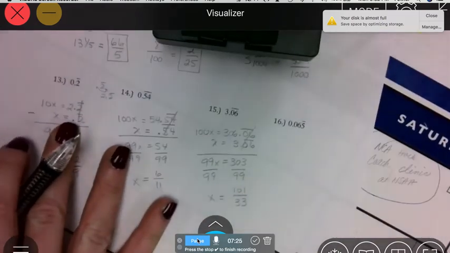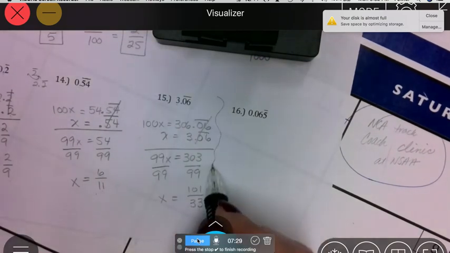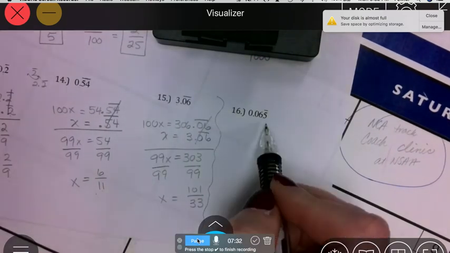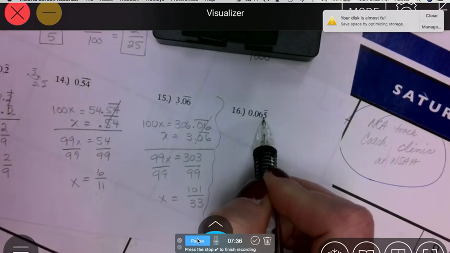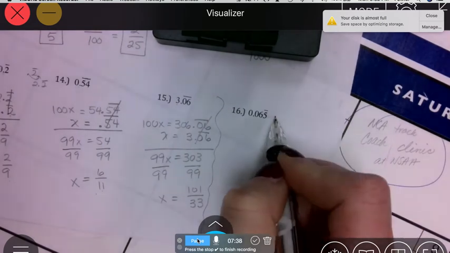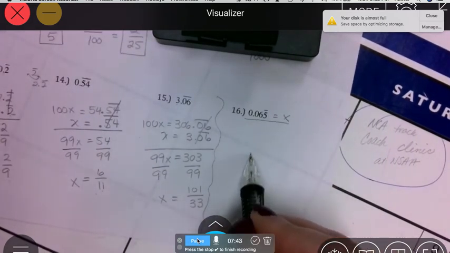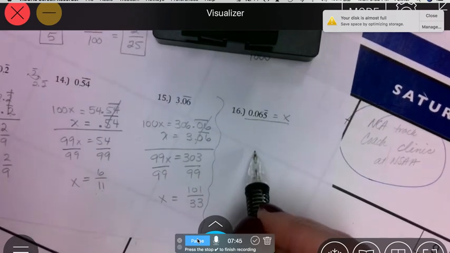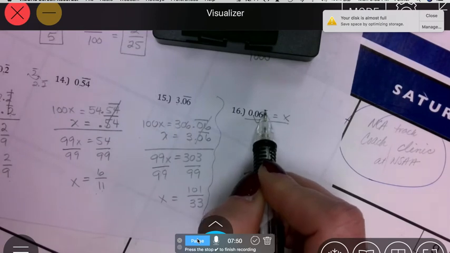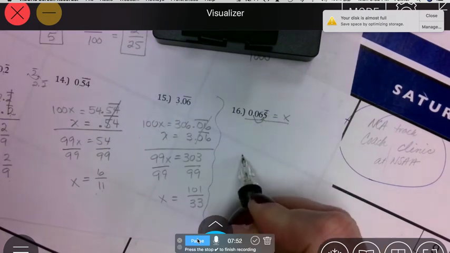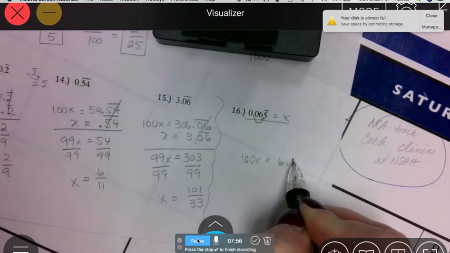Here, this very last one is a what-if. What if the repeating does not happen right after the decimal? Then, yes, this is going to be equal to x, but we're not going to use this equation to mesh together. Our first equation is multiplying to get that decimal right in front of the repeating. So my first equation is going to be 100x is equal to 6.5 repeating.